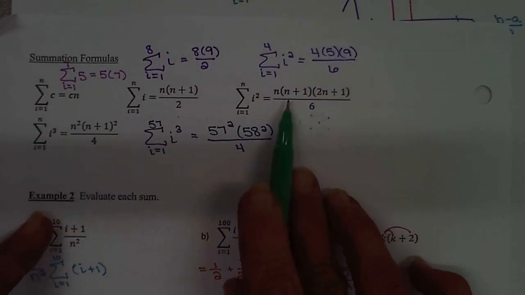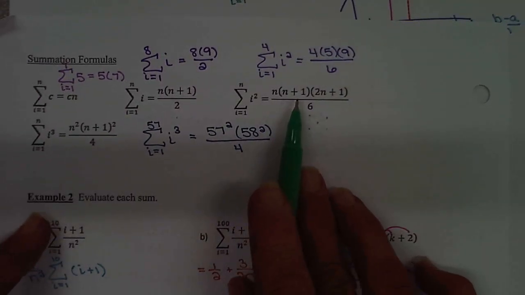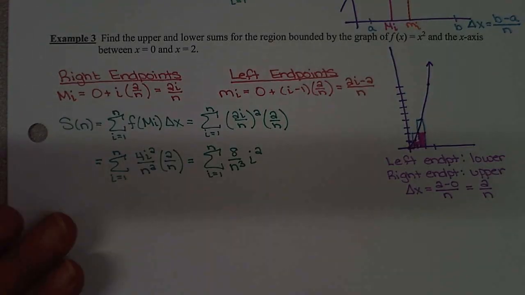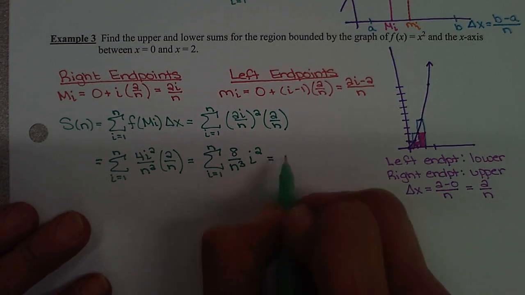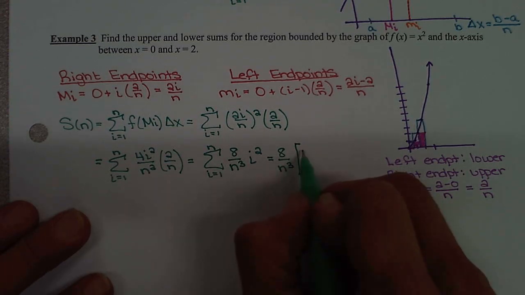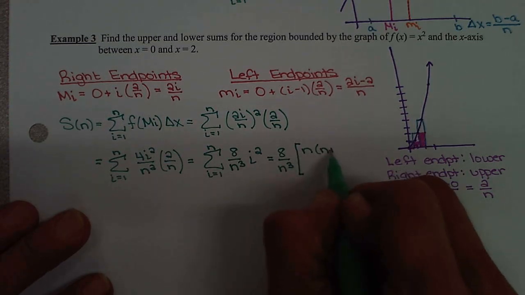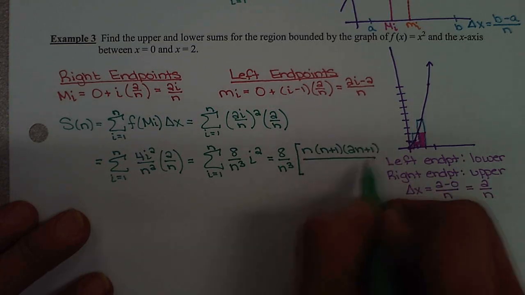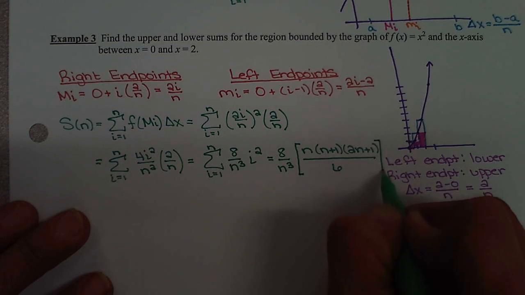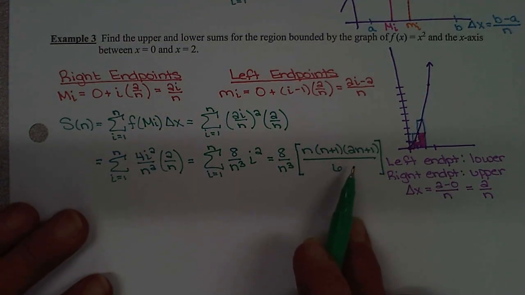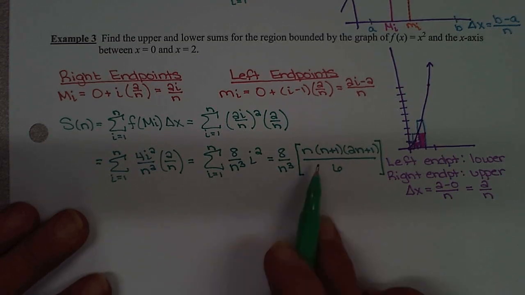Our i squared broke down into n times n plus 1 times 2n plus 1, all over 6. So this is 8 over n cubed times n times n plus 1 times 2n plus 1, all over 6. And now it is this here that we're going to go through and start multiplying and simplifying and all of that.